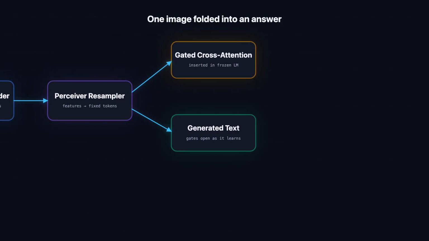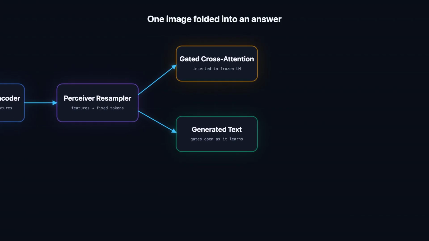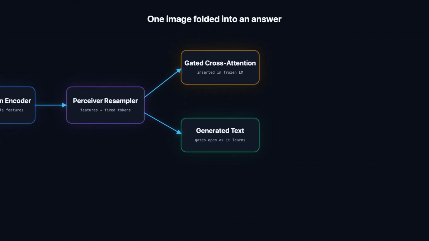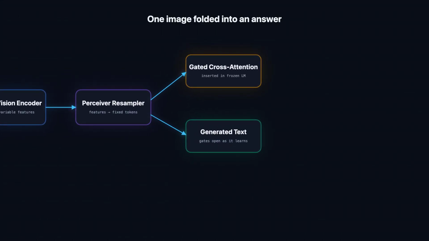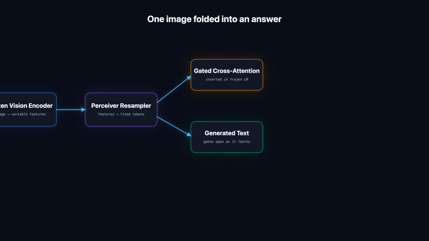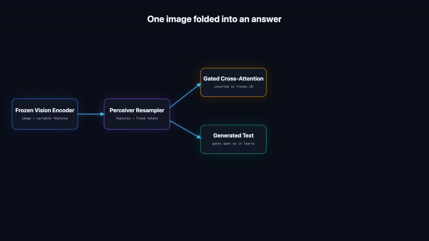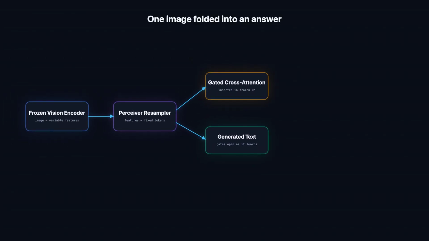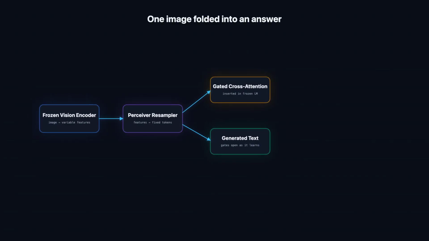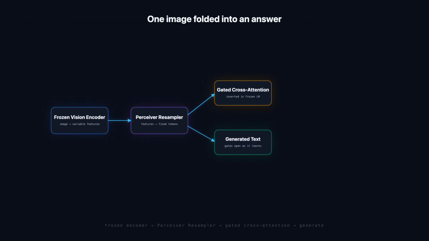Then the gates gradually open during training, so vision blends in smoothly rather than disrupting everything. That gentle, gated introduction is the whole reason a frozen language model can gain sight without losing the fluency it spent so long acquiring.